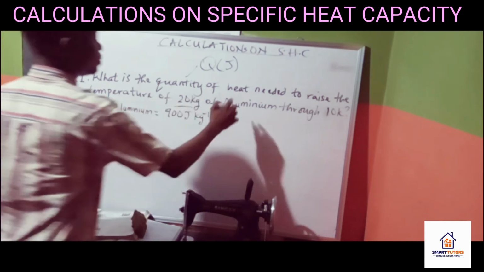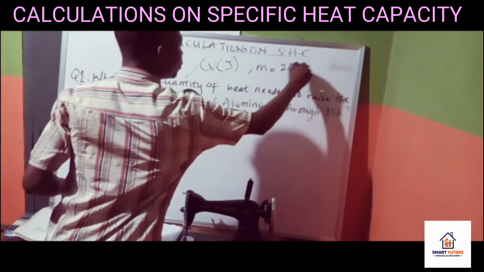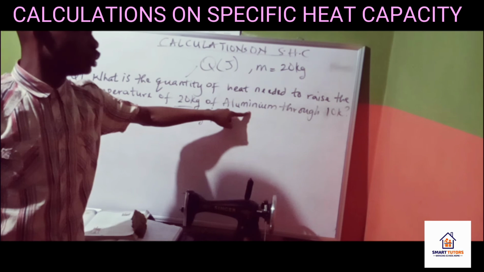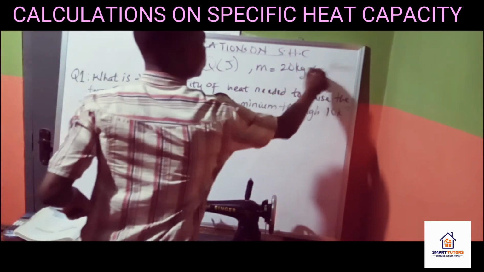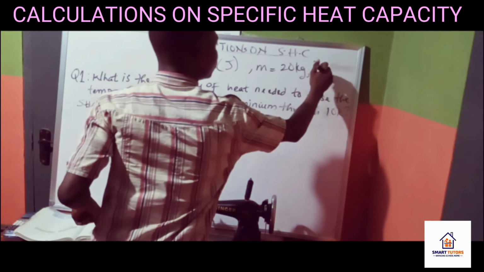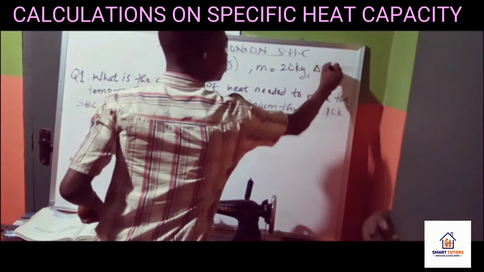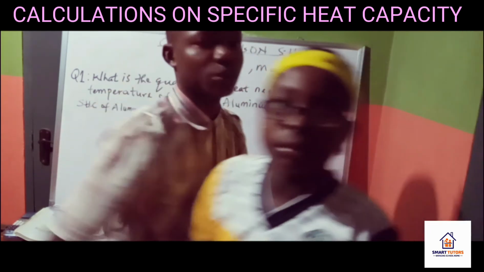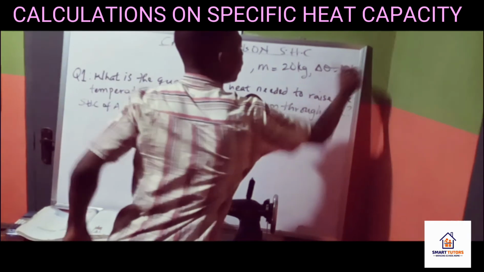So you've been given the mass. Your mass equals 20 kilograms, the mass of aluminium, raised through 10 Kelvin. So you've been given your change in temperature, and your change in temperature is 10 Kelvin.